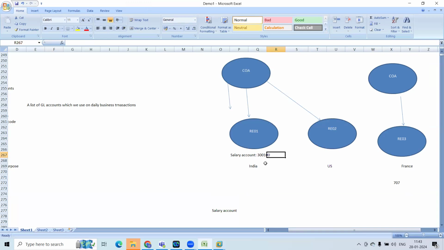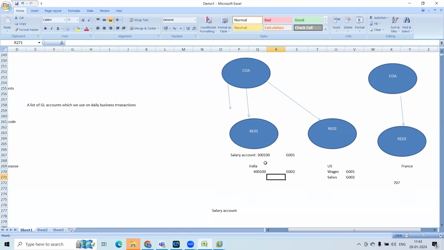300100 means my group GL account G001. If it is expenditure, some other GL account, then it is G002. These are my group GL accounts. These group GL accounts also exist here, wages, sales. So here G002.